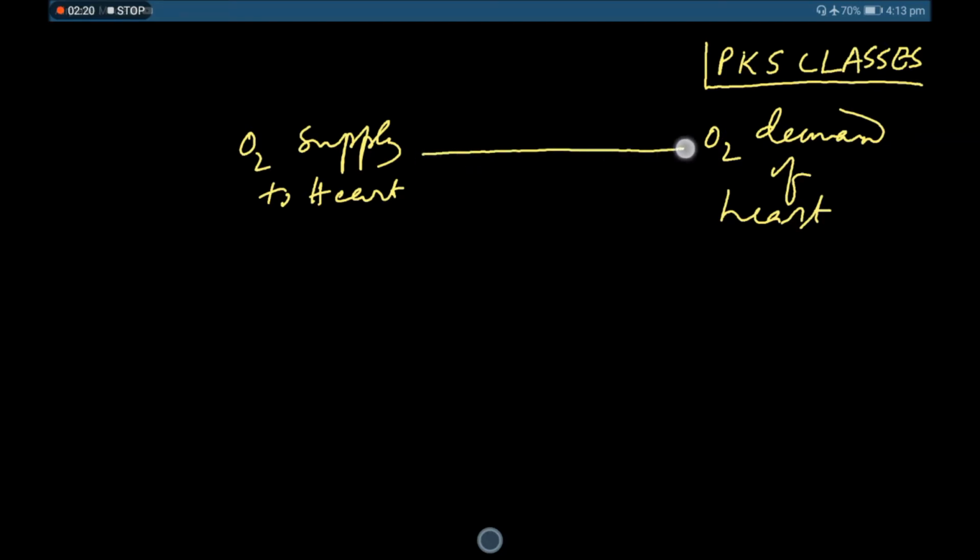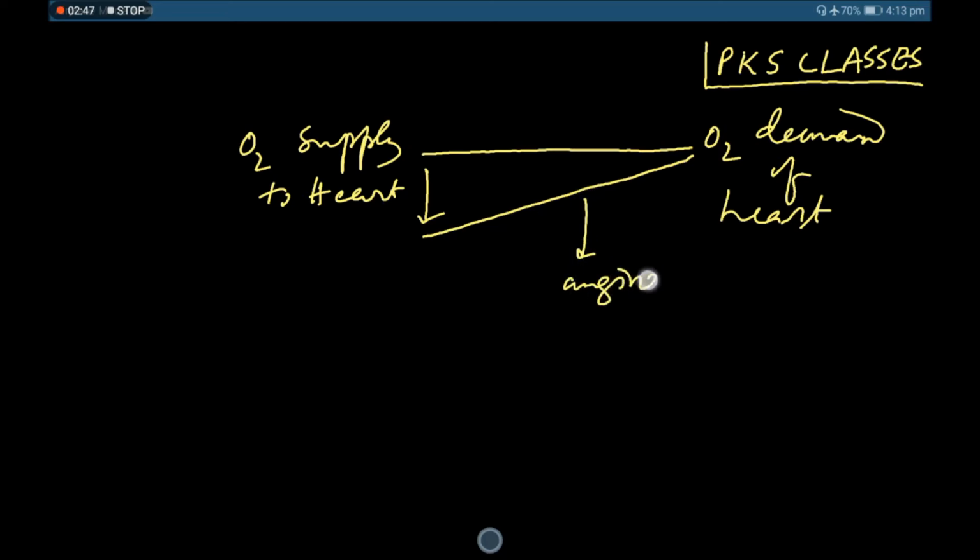Suppose this is the balance in a normal person, and when the oxygen supply is decreased but the oxygen demand is the same, there is no balance, and this causes angina pectoris.